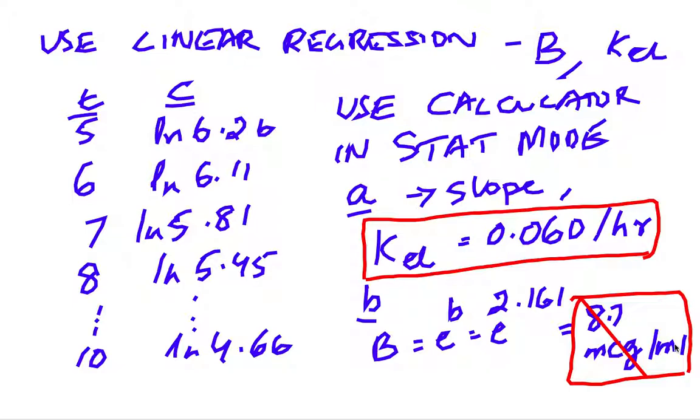The method of residuals starts off by calculating the extrapolated concentration. When we talk about extrapolated concentrations, we have this part of the graph and the first part of the graph, and we extrapolate the elimination part of the graph all the way to the y-axis.